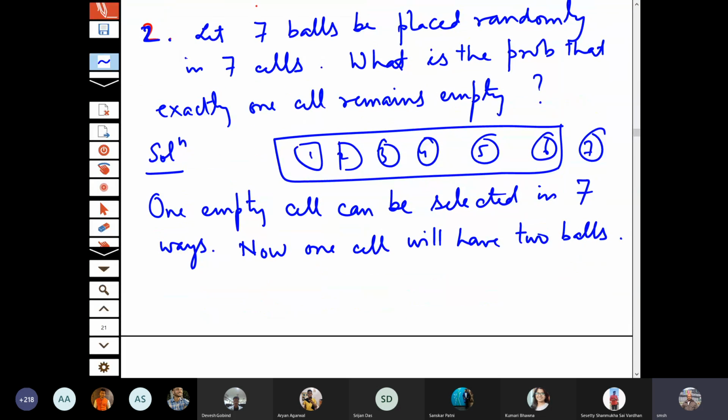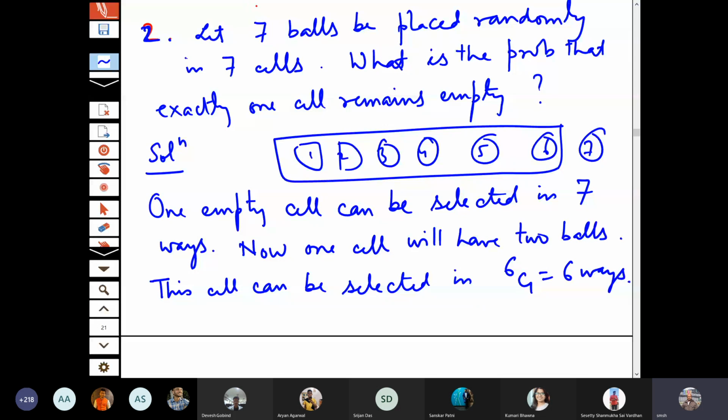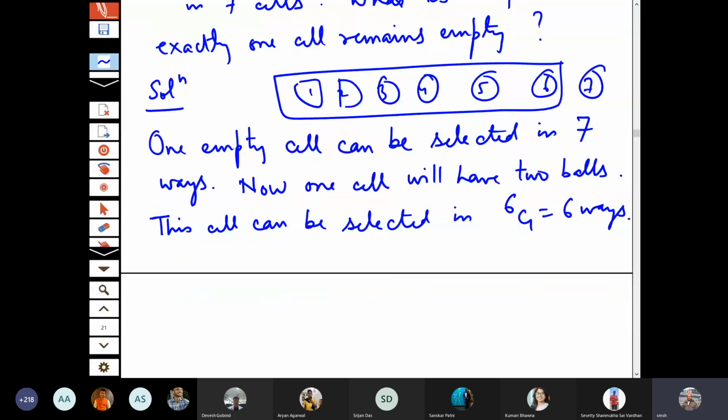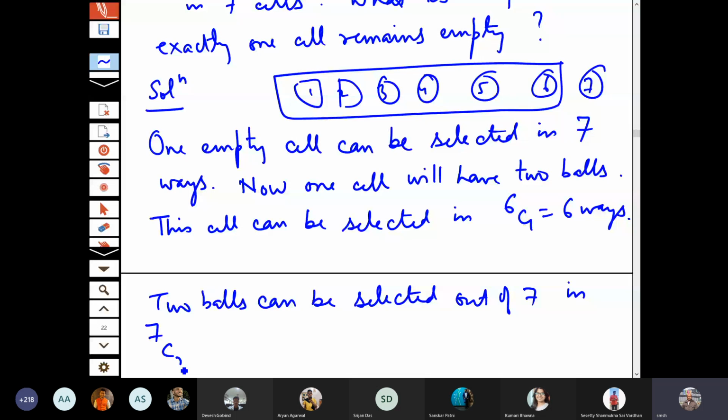Now this particular cell, out of 6 we have to choose this. This cell can be selected in 6 ways. And there are 2 balls which will be in this cell, so 2 balls can be selected out of 7 in 7C2 ways.